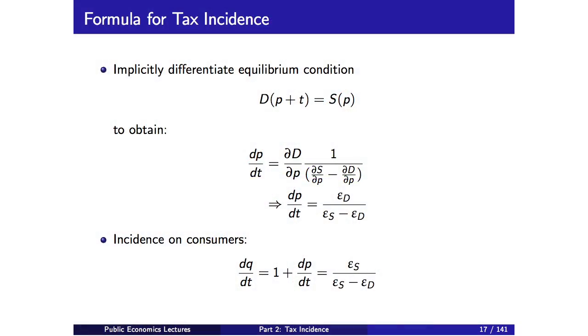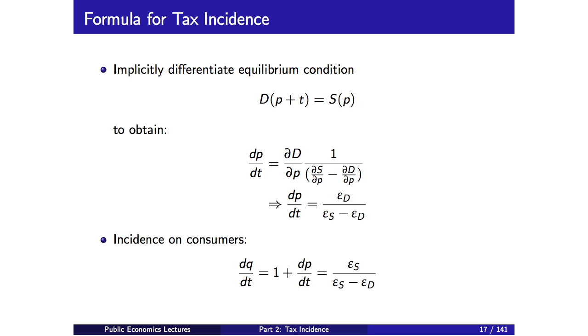Okay, so let's now talk about how we compute numerically what the incidence of a tax is by deriving a simple formula. So the equilibrium condition in this market is that demand at the tax-inclusive price has to equal supply at the pre-tax price. And that, as we said, implicitly defines an equation for P as a function of T. So let's implicitly differentiate that equilibrium condition to obtain this expression.